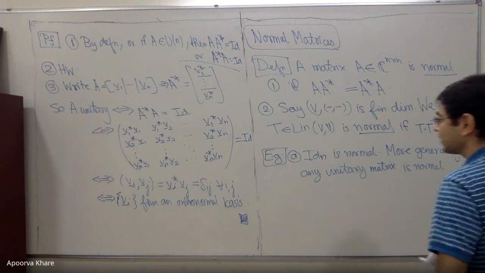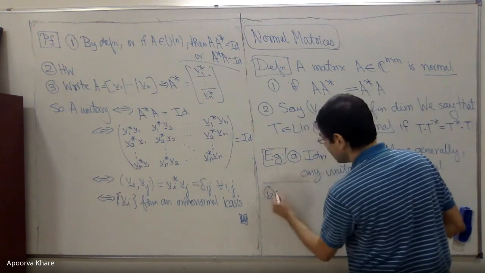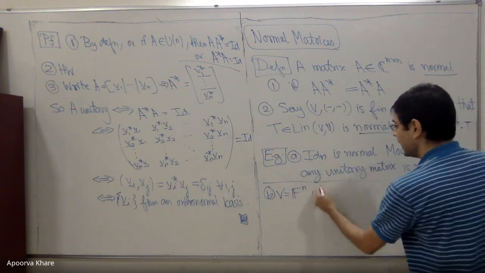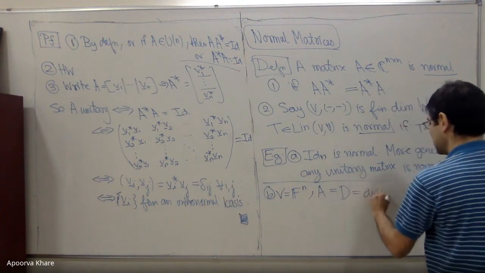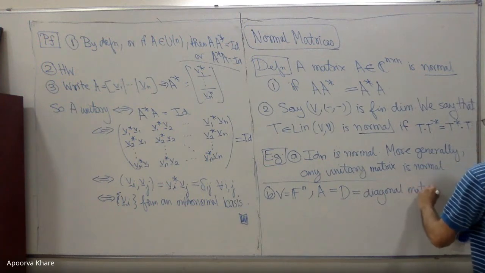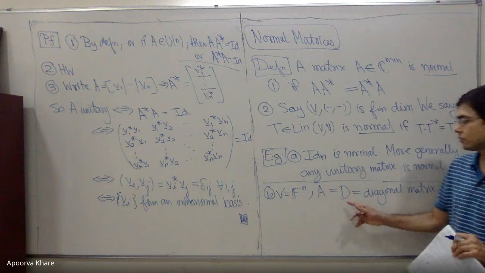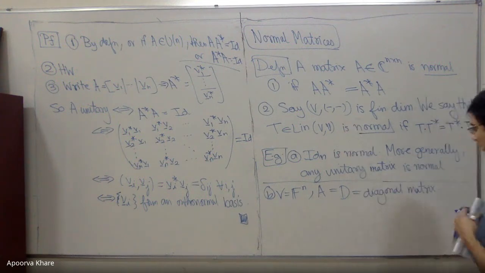Second is if I take diagonal matrices. Let's say V equals F n, F is of course real numbers or complex numbers, and D is a diagonal matrix. Well, then this is clearly normal also because the diagonal matrix, what is D star? It is also diagonal. So you just have products of two elements, and then this is clear.